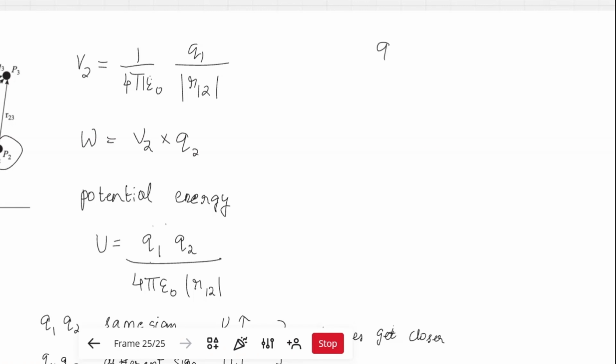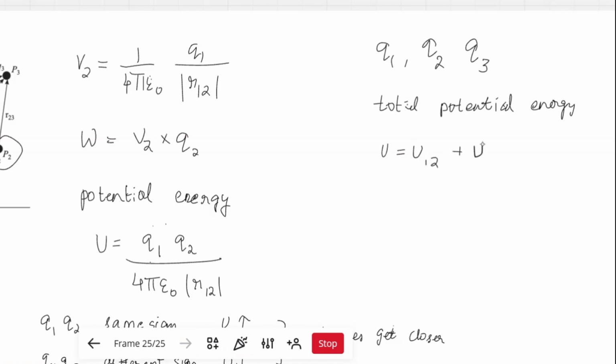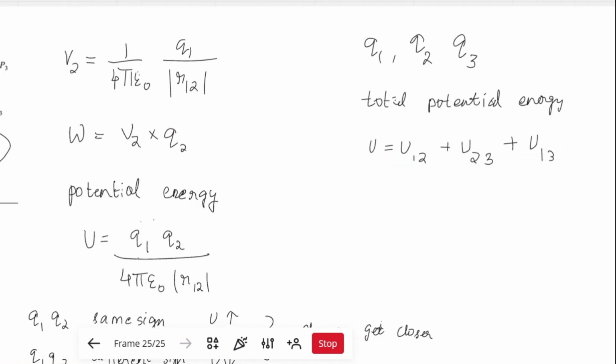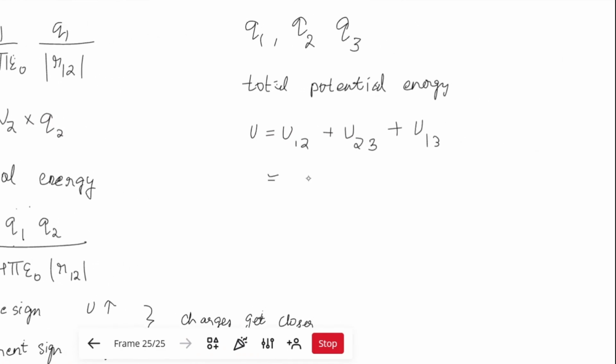So for the charges Q1, Q2 and Q3, the total potential energy is U due to Q1, Q2 plus U due to Q2, Q3 plus U due to Q1, Q3. So how can we write this?